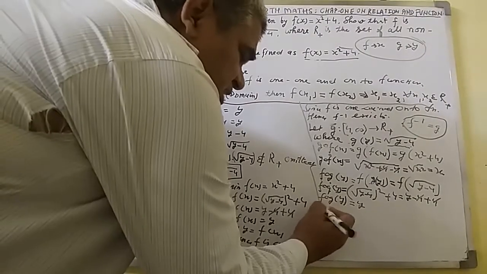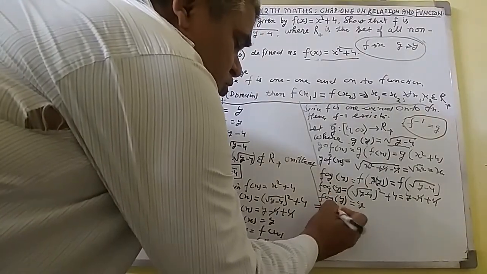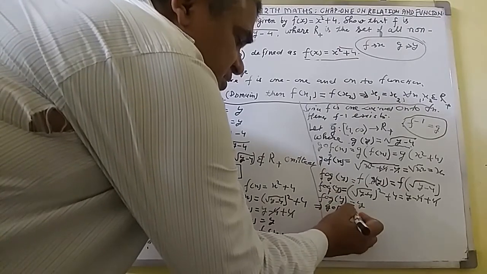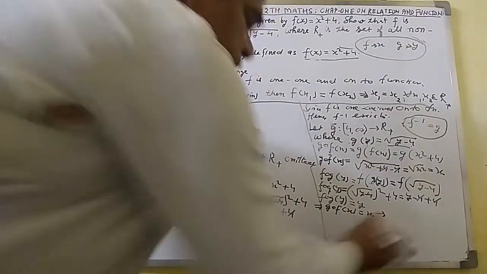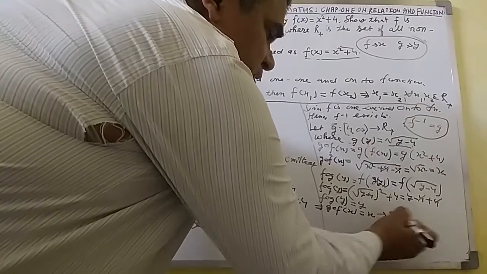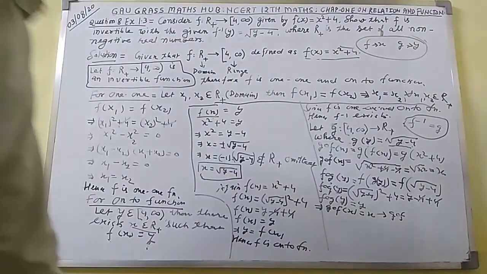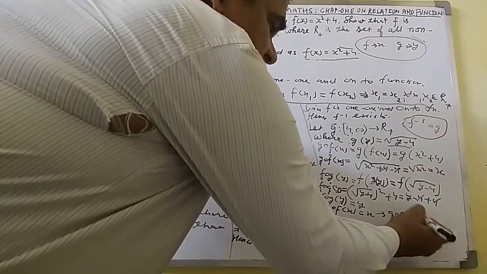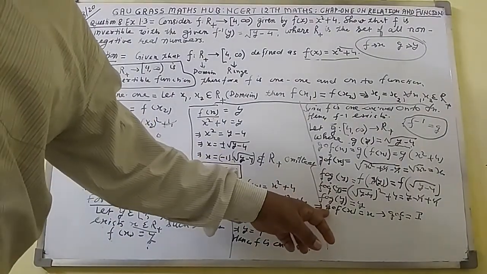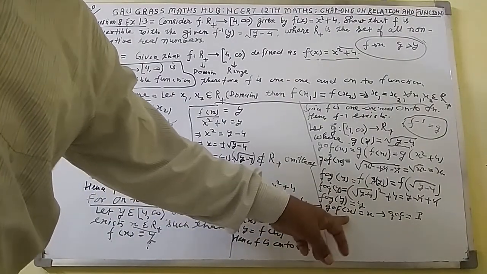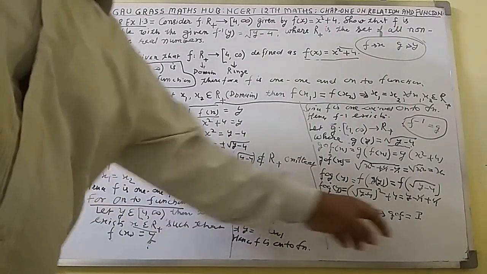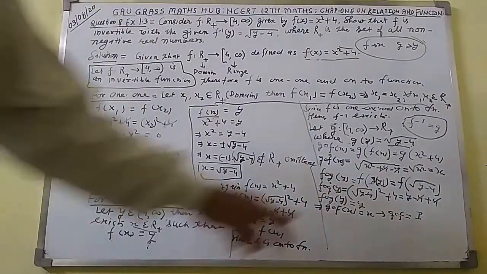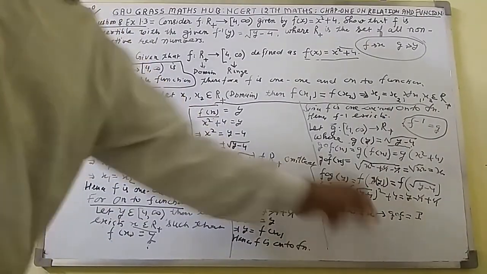So now here I can write g o f x equal to x. So this will become g o f equal to identity function on, here you can see I have written g of f x equal to x. Now x belongs to which set?